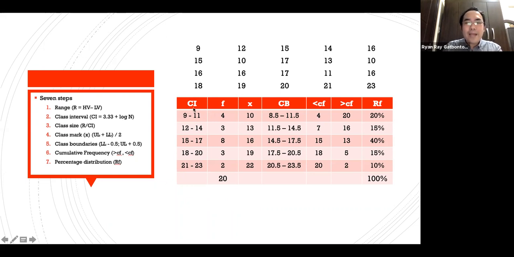Since the total number of class intervals is 5, we have to make 5 categories: 1, 2, 3, 4, and 5. Because the result for the class interval is 5, we should have 5 class intervals on this part.